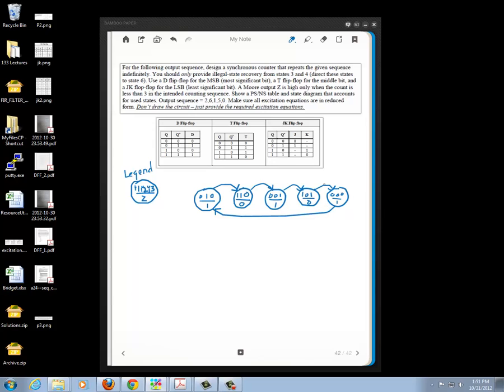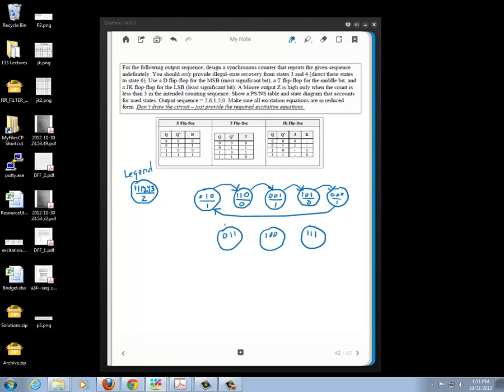Now, we used 5 out of 8 possible states. So what are the remaining states? We have state 3. We didn't use state 3 in our sequence. We have state 4 and state 7. So these are the unused states. And it says up here we need to provide illegal state recovery from states 3 and 4 to state 6.